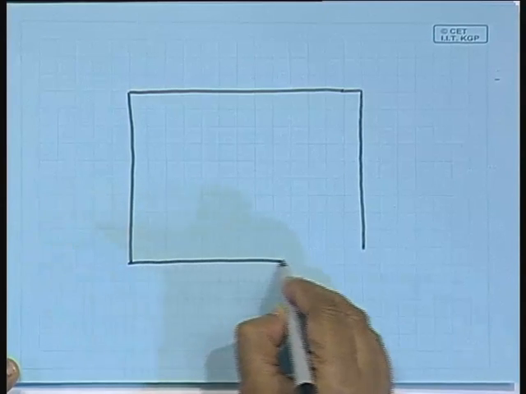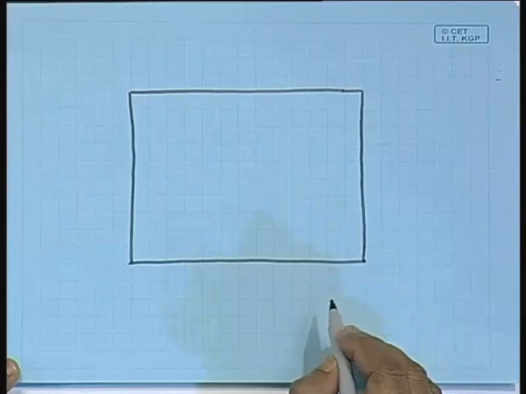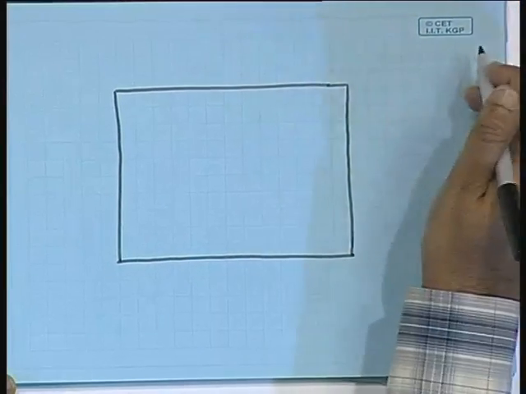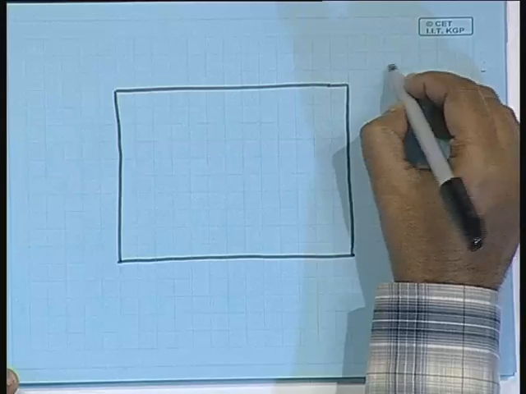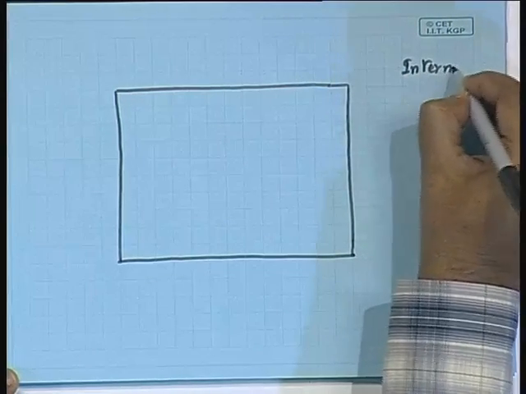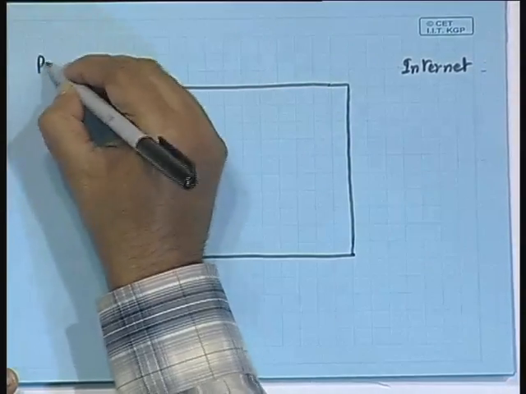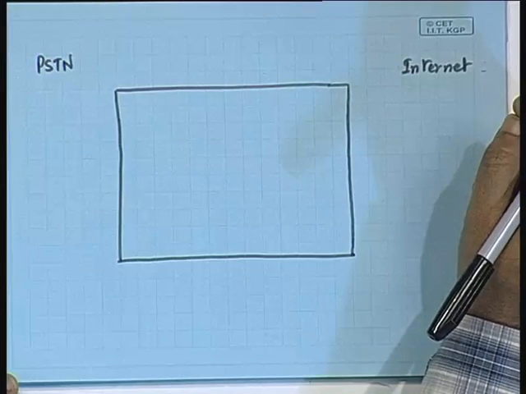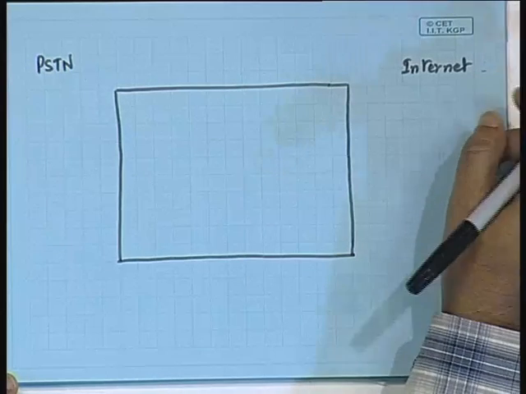Say this is the gateway, and we are drawing a big box for the gateway, because it is really going to be big, and it is this bigness which is going to be the problem for it. So, on one side we have the IP domain, the internet domain, and on this side we have the PSTN domain. And there should be some effective interfacing for this.